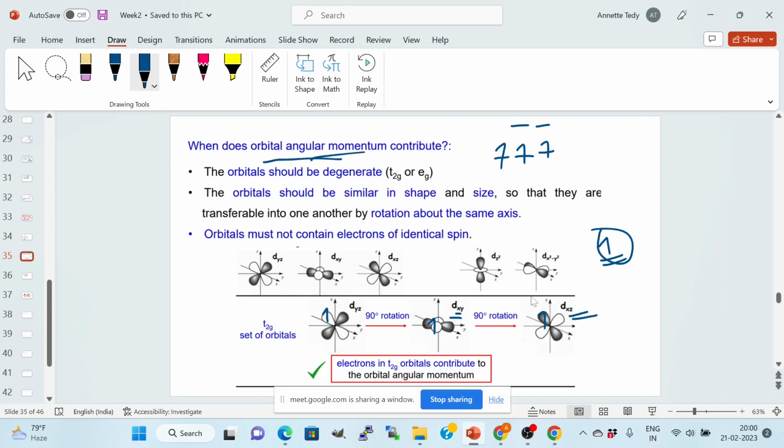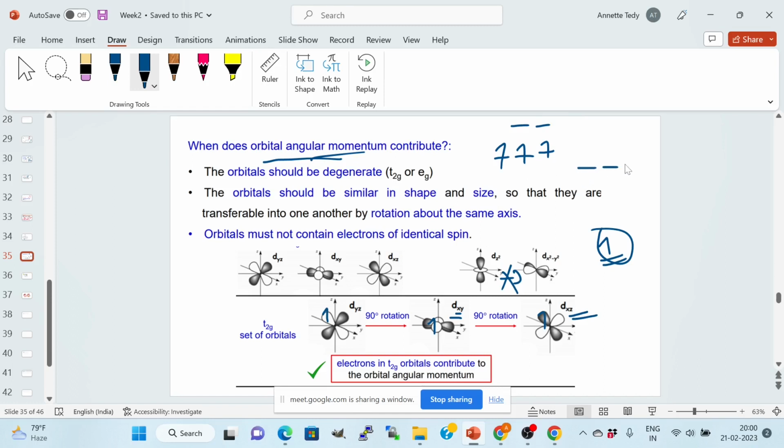So another important thing to note is that electrons in T2g orbitals can contribute, but Eg cannot, because Eg is dz square and dx square minus y square. They cannot interconvert into each other just by rotation. So whenever the electrons are present in Eg, in that case we will not look at the orbital angular momentum, but whenever it is present in T2g, we will look at it.